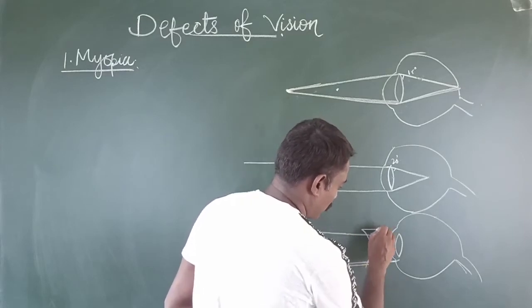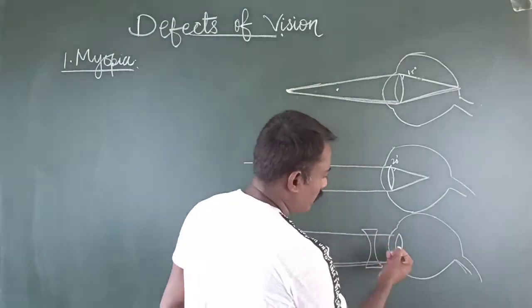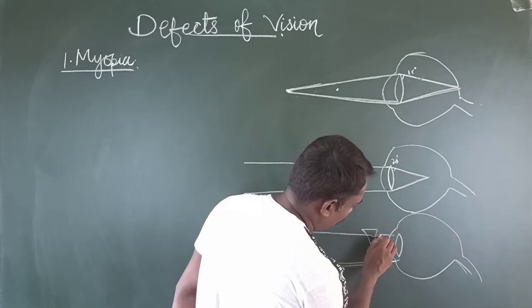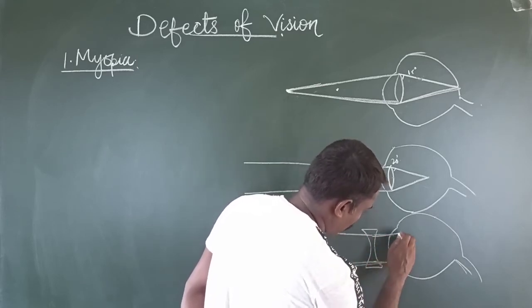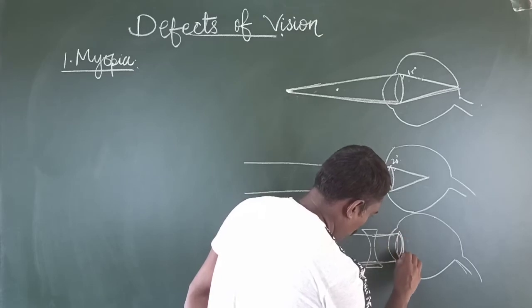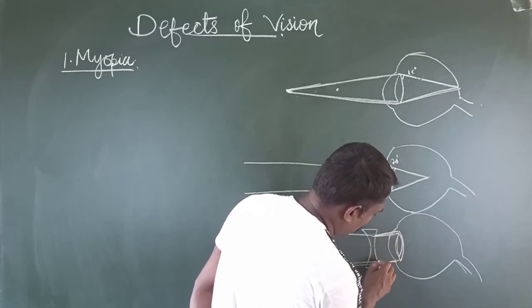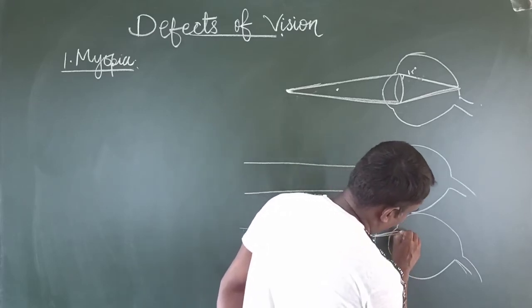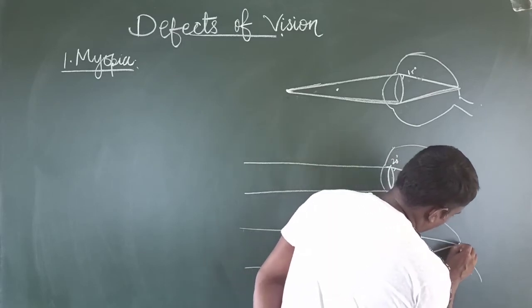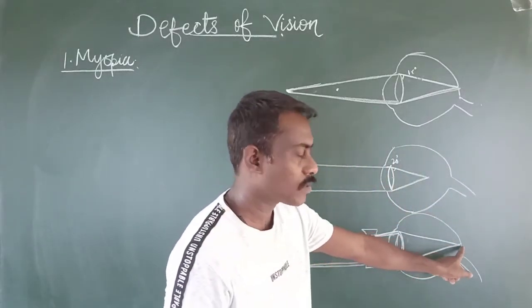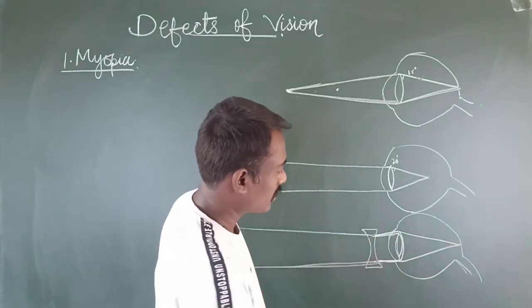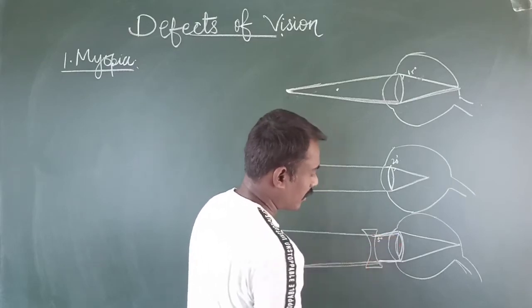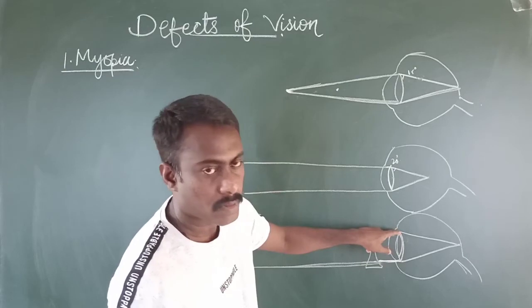A divergent lens can be placed in front of the eye lens, so that these incident rays will be slightly diverged by the diverging lens, so that they will be exactly converged at a point on the retina, and a clear image can be produced. So this diverging lens diverges these rays by 5 degrees and they are incident on the convex lens.